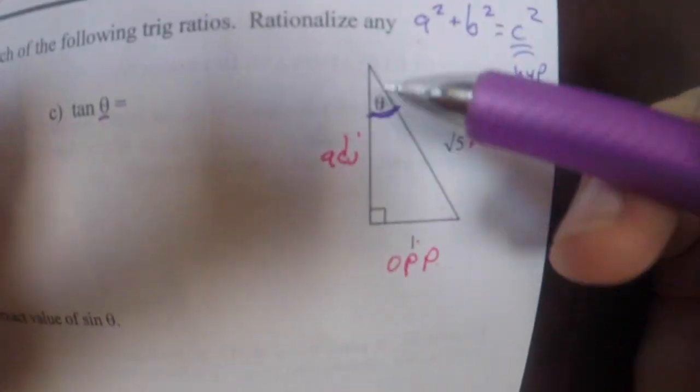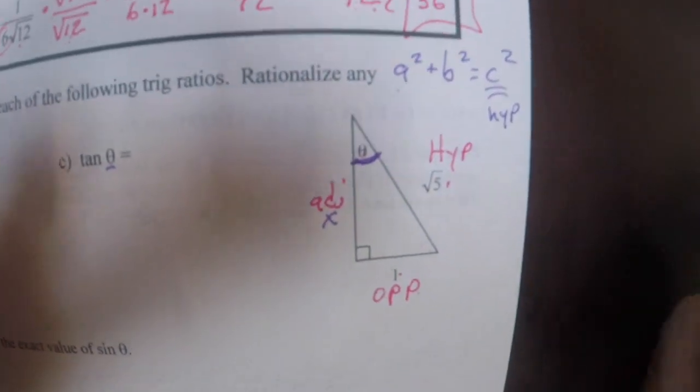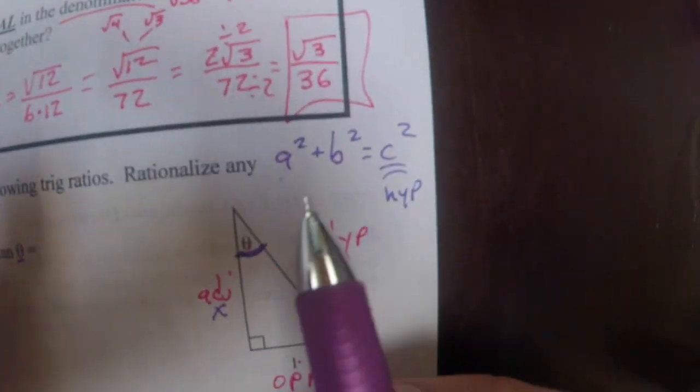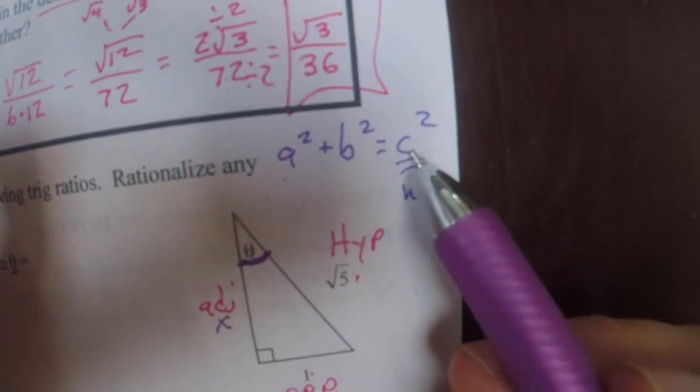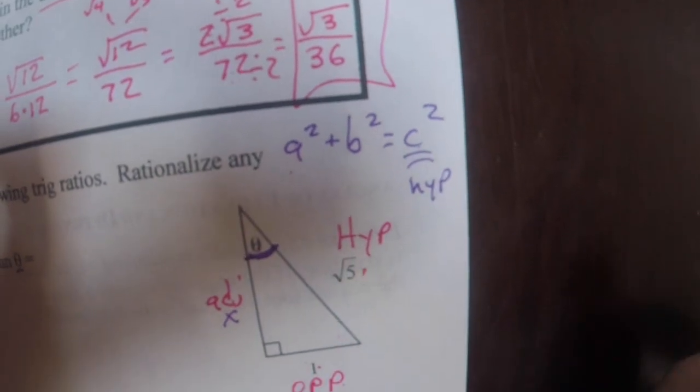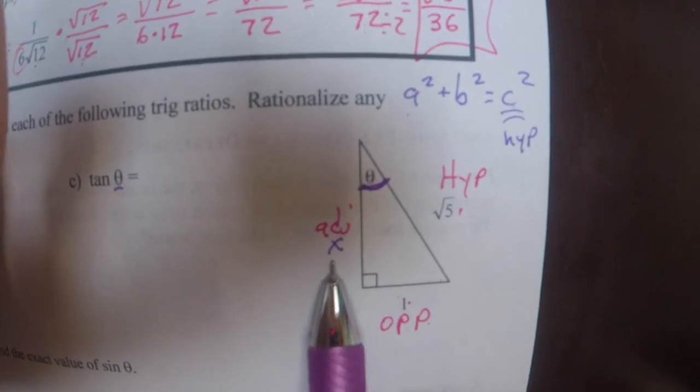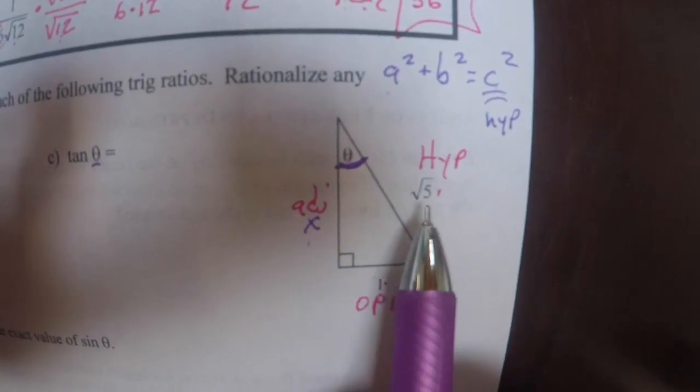So if I wanted to solve for, we'll call this x over here, if I wanted to solve for this side, okay, I'm going to use a squared plus b squared equals c squared, with the c part definitely being radical 5.